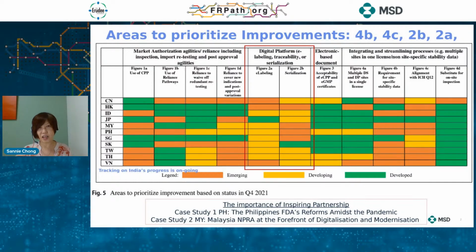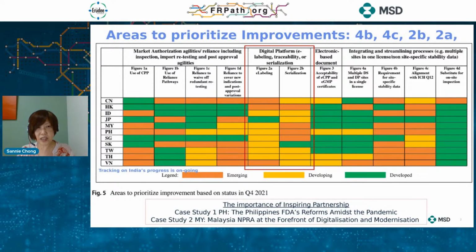But if a country now requires public assessment report and the full data, the same data as we submitted to the reference agency, to them as well, then what is the value of CPP? There is no value of CPP there. So CPP should not be required because it is not serving any value. So we also track this to see how many countries, after implementing reliance pathway, still require CPP.